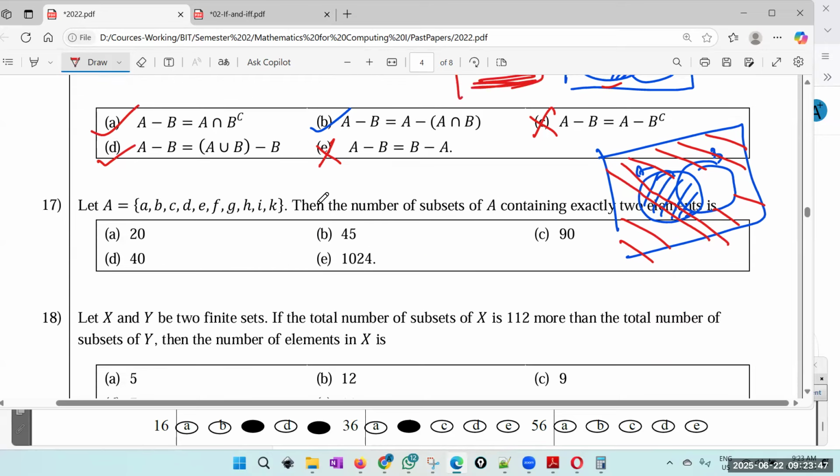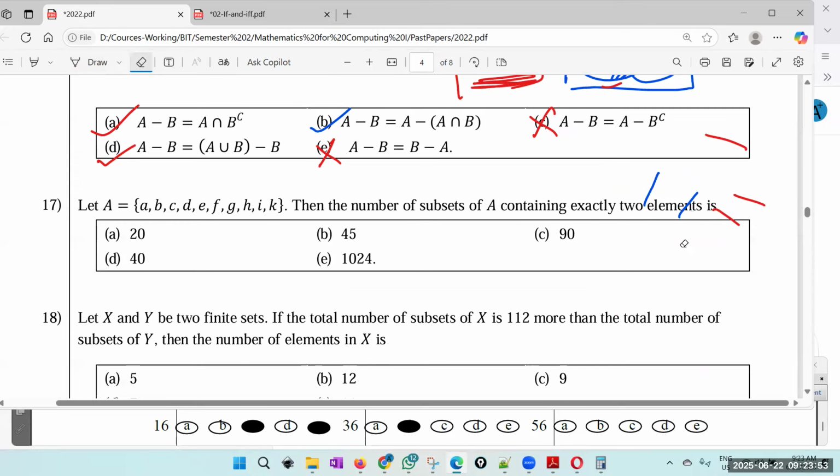Let A be a set with 10 elements. Then the number of subsets of A containing exactly two elements. This is more a selection or combination question, right? Not permutation, because when you rearrange, it is not a new set.